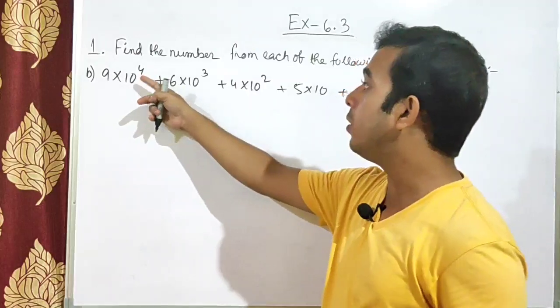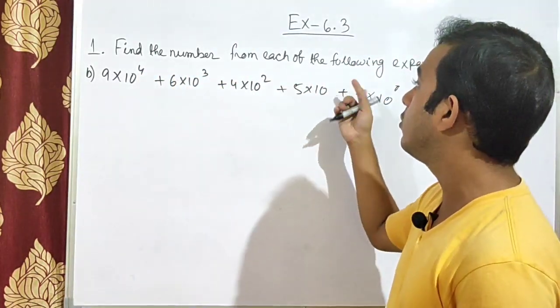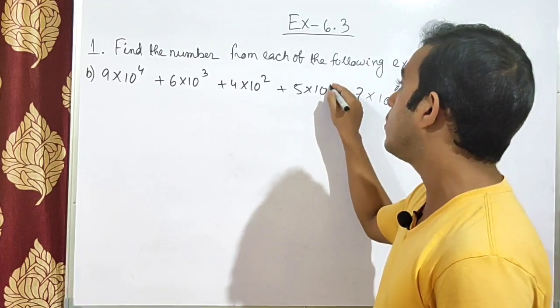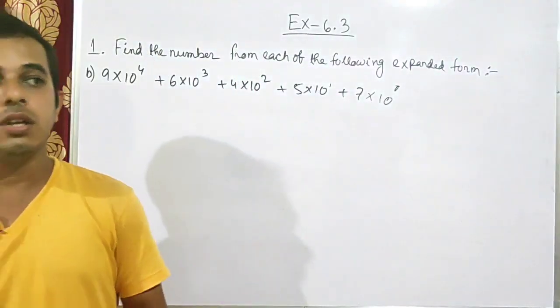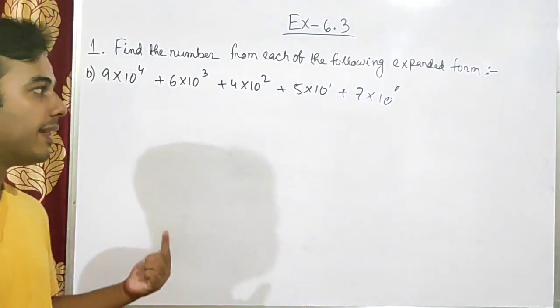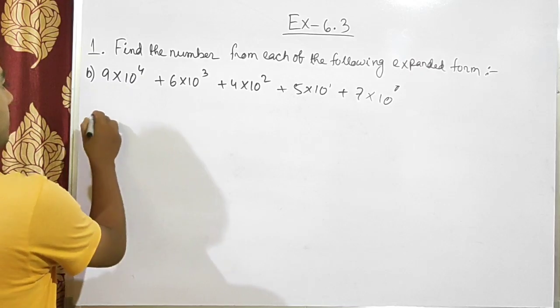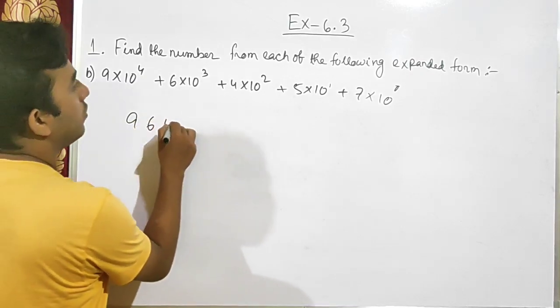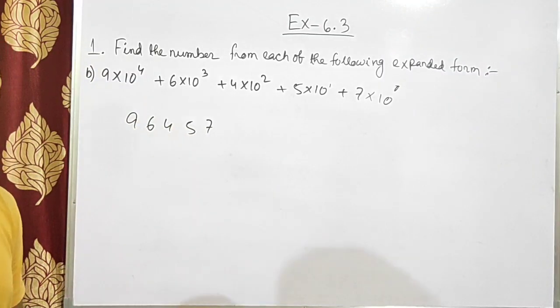Look here, the value decreases by 1: 4, 3, 2, 1. 5 into 10 means 5 into 10 to the power 1, then 0. If you can, you can directly write the answer, which is 96457. This will be our required answer.